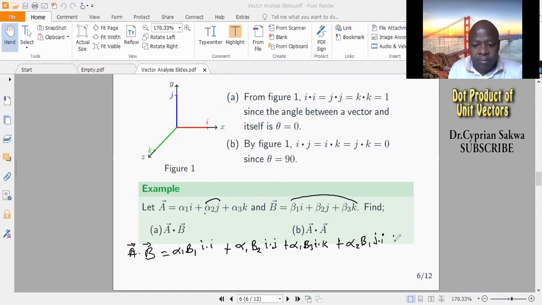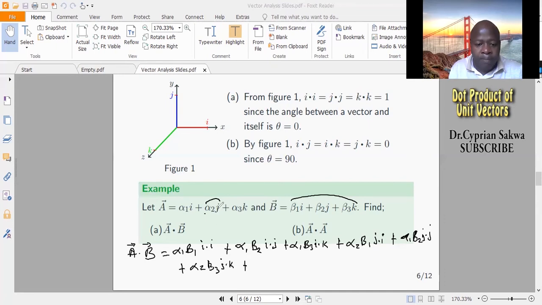It will be alpha 2 beta 2 j dot j. What about this and the last one? It will be alpha 2 beta 3 j dot k.